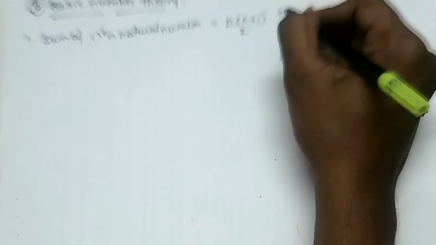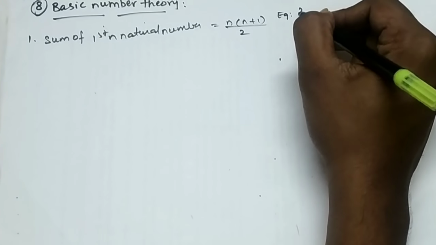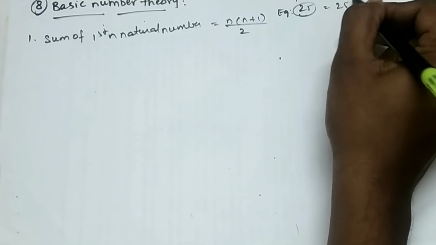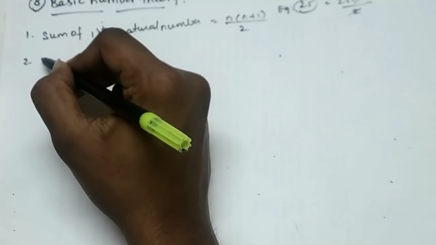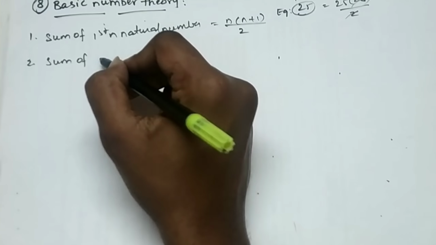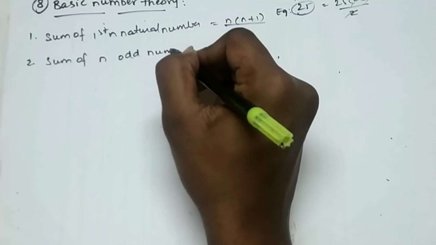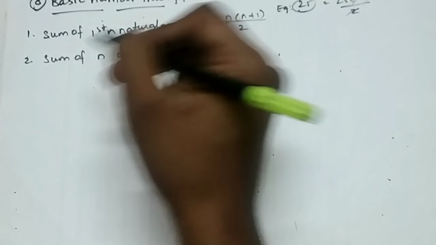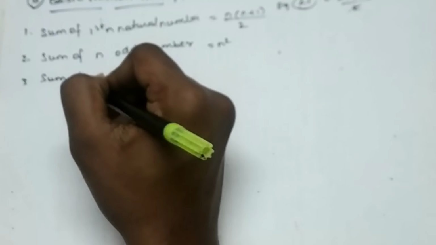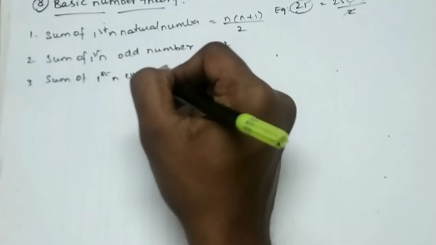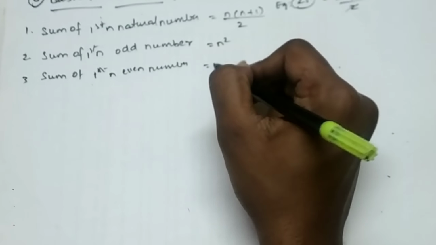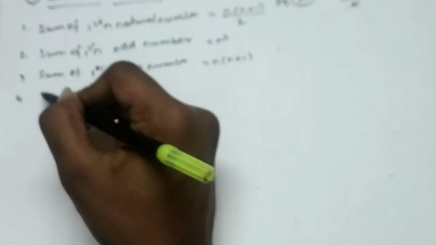For example, if we take the first 25 numbers, 25 into 26 by 2, so it will be 325. In the same way we'll do the remaining. The sum of first n odd numbers will be n square. The sum of first n even numbers will be n into n plus 1.